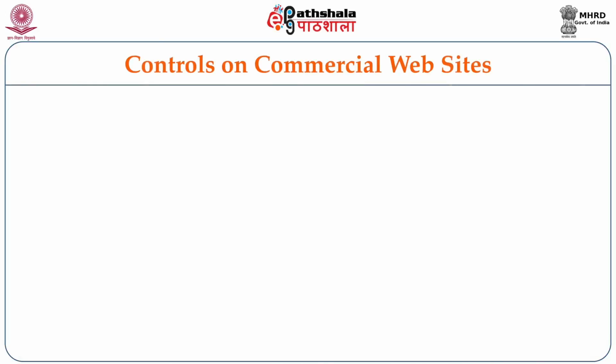So now we want to talk about the controls on commercial websites. Mainly, throughout the discussion you got it that the basic thing is the data collection process. Privacy outside the government is protected by law in some areas. Which are those areas?